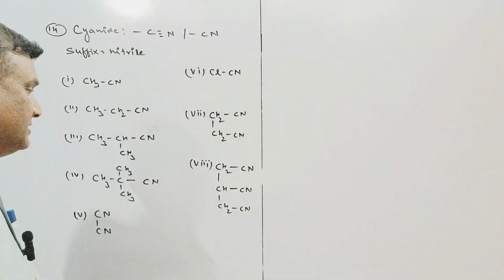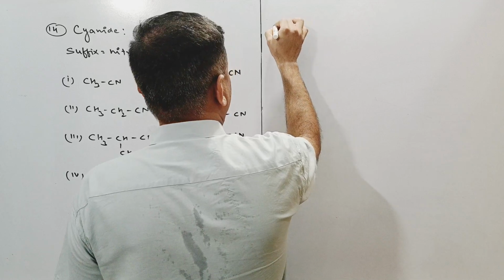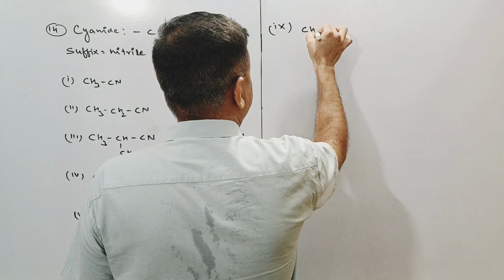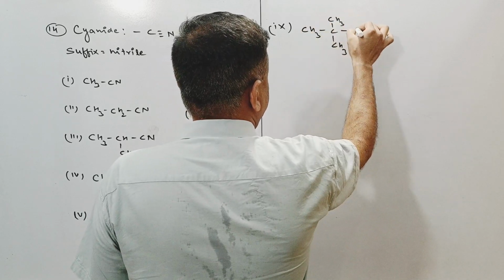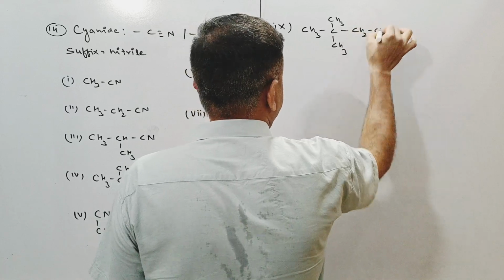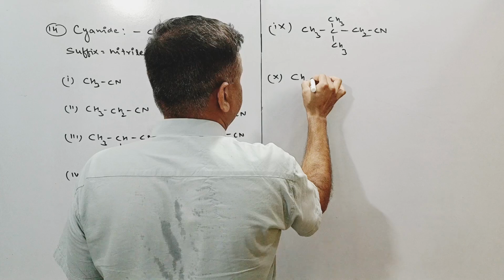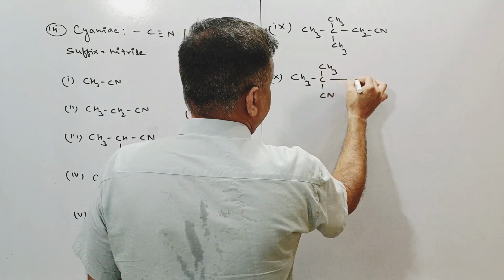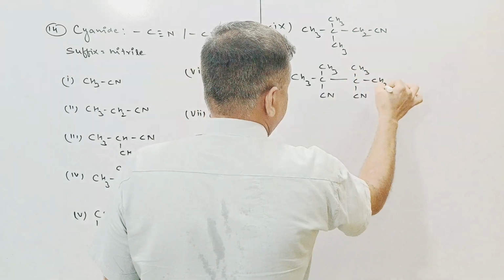If we go further, the 9th compound we can take with a lot of side chains as follows: CH3, C, CH3, this is the CH3, this is the CH2 and CN. For the 10th compound, this is the CH3, CCH3, CN, this is your CH3, this is the CN, and this is the CH3.